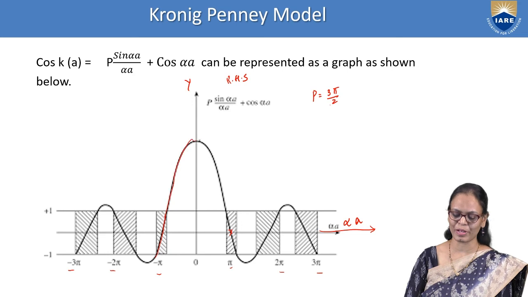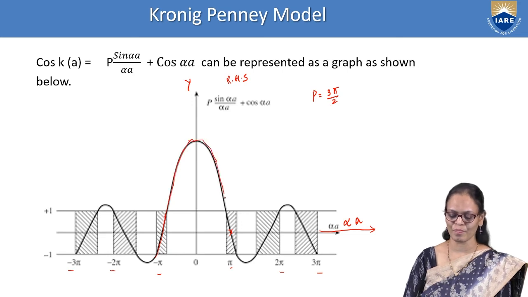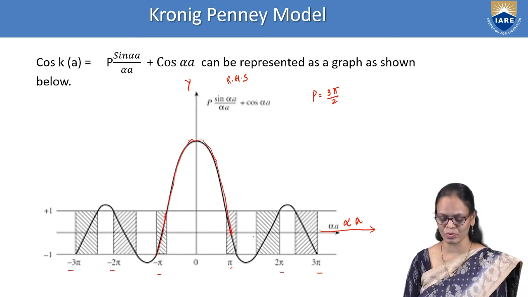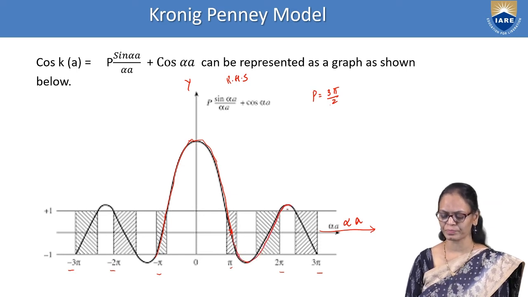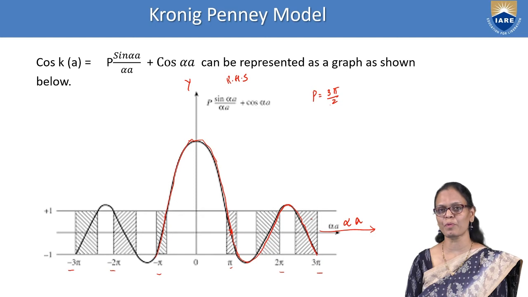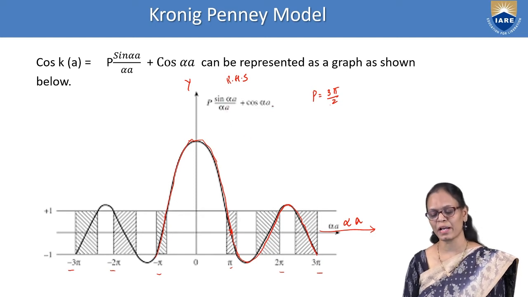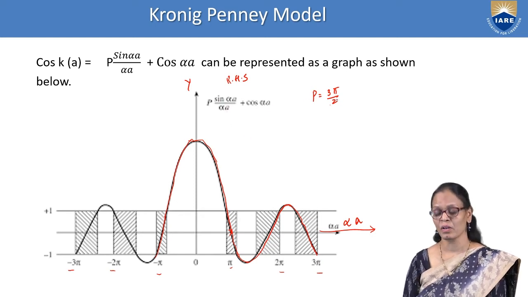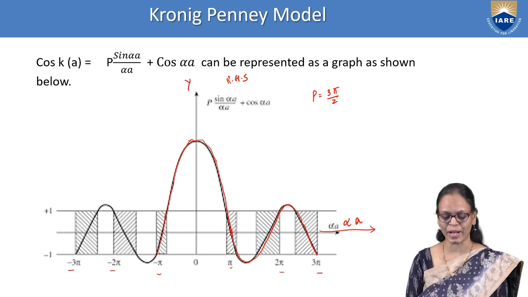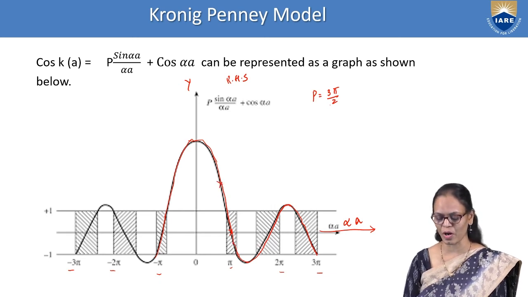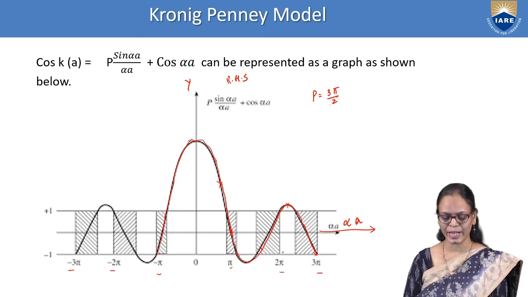Actually, this will be called the first Brillouin zone, which is not included here. This is the maxima. When we plot P sin alpha A by alpha A plus cos alpha A versus alpha A, you get the values, and when you plot the curve you will get a curve like this.